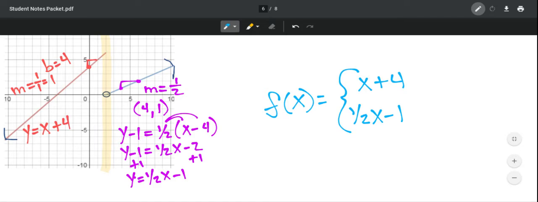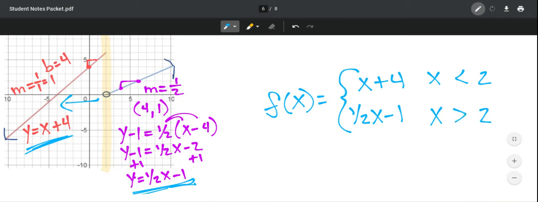So your boundary, which I did in highlighter, is at 2. And that's the only boundary. So x and 2, x and 2. So now the first equation over here, all of the x values are getting smaller. The second equation, all the x values are getting bigger.